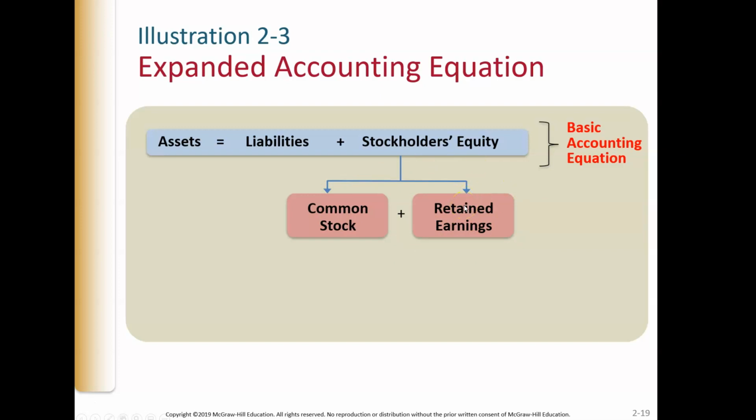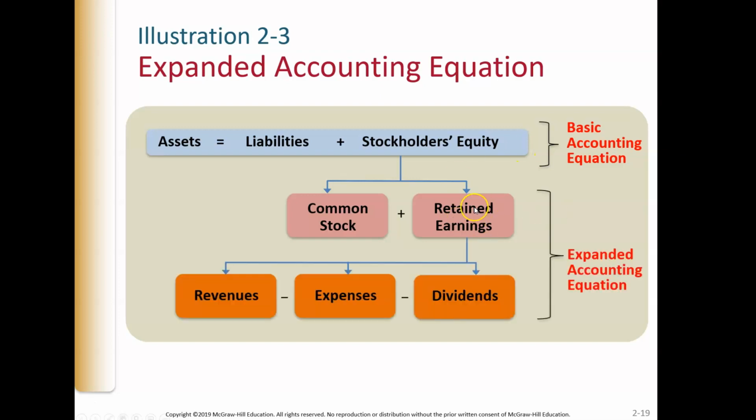It's whatever you started with, plus the net income from the income statement, minus the dividends that are paid out to stockholders. And that's the ending balance in retained earnings. So what we're saying then is revenues minus expenses minus dividends is the balance in retained earnings. That's an expanded accounting equation.